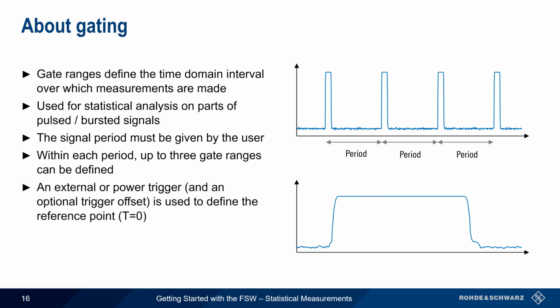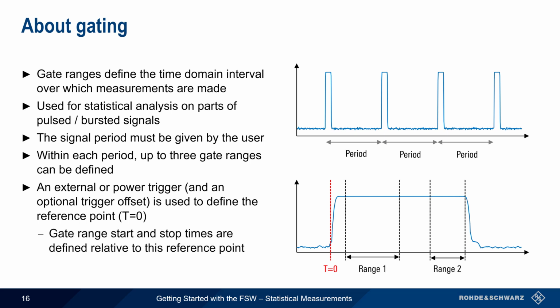An external trigger, or a power trigger, that is a trigger based on measured signal power, can be used along with an optional trigger offset time to define the gate range reference time T0.